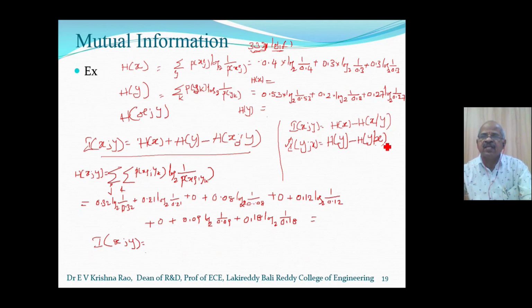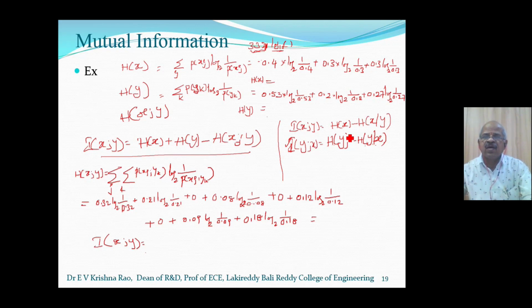For H of y at x, the transitional probability, y at x, is there. From the transitional probability you will get the conditional probability and the conditional entropy. So H of y is there, and the conditional entropy you will get. This minus this gives the mutual information, and I of x comma y is the same as I of y comma x.